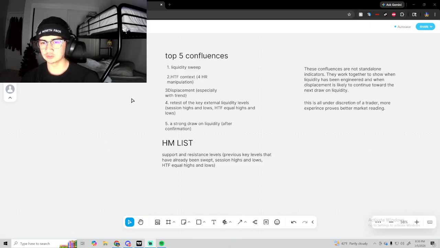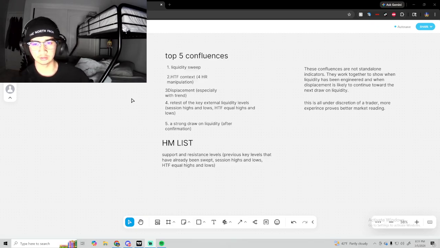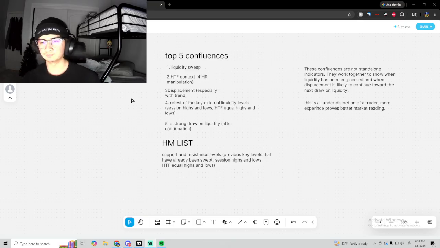For support and resistance levels, you need to understand how the market is structured that day, and honestly, I don't really use them unless I know that price has already been manipulated and distributed, and if it's going to retest a certain point, then that's when they're valid. But you can use them on session highs and lows, or high time frame equal highs and lows, and you kind of have a good idea whether it's going to reverse or keep on going from that point on.